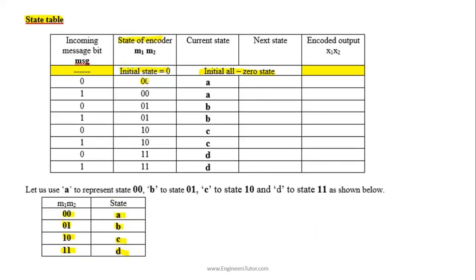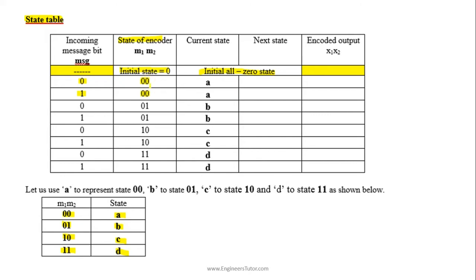First we take all the combinations. It is a binary convolutional encoder, so the incoming bit may be 0 or 1; only 2 digits are possible in binary encoding. Let us assume the initial state of the encoder is the 00 state.